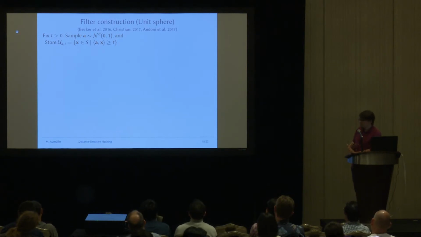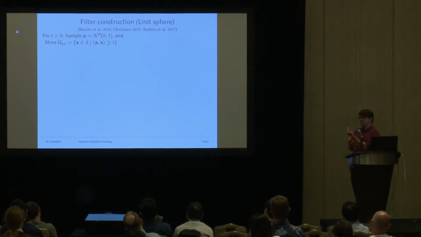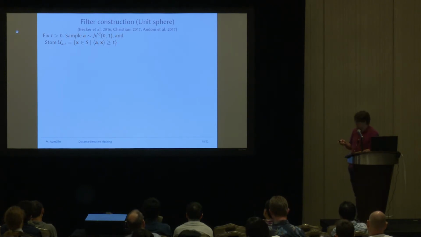What you do in these constructions is you have this magical threshold parameter t. That's what you read off from the theorems. The idea behind the algorithm is you sample a d-dimensional standard normal. And then you say, with this standard normal, I associate a filter. And this filter is just a collection of data points, those data points where the inner product with your random normal is at least t, this threshold value.